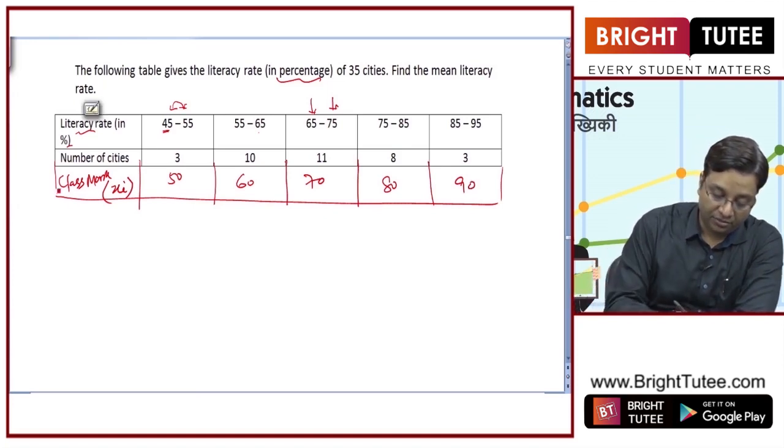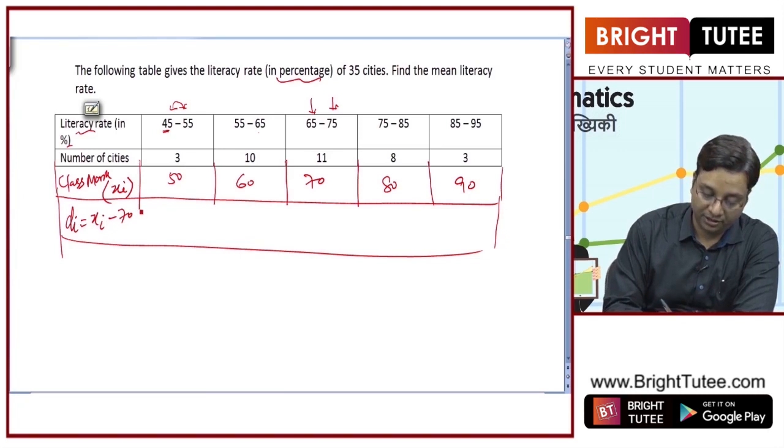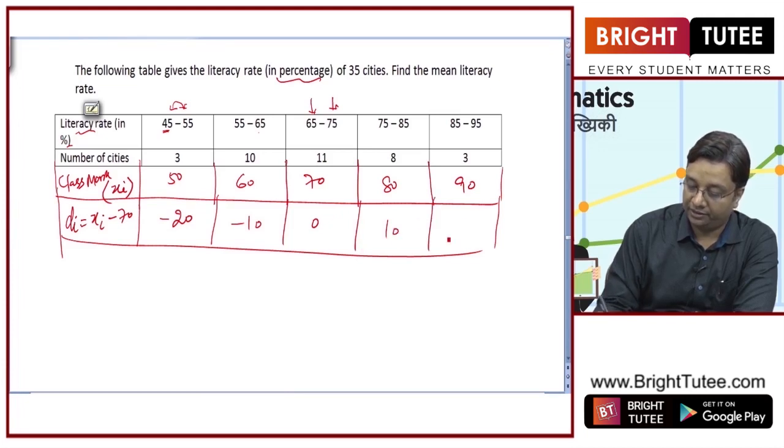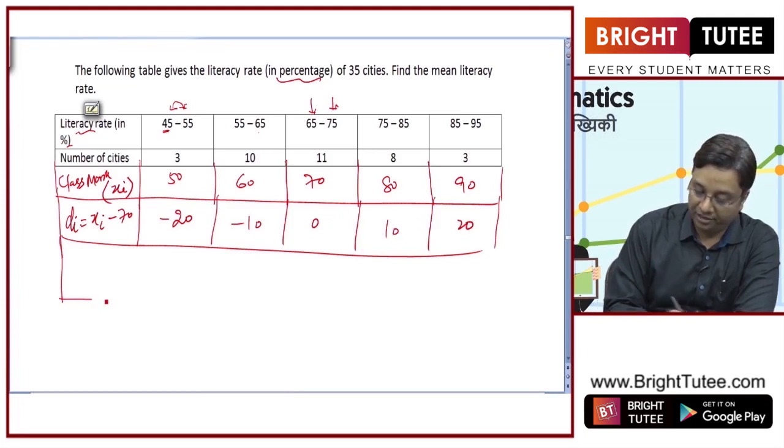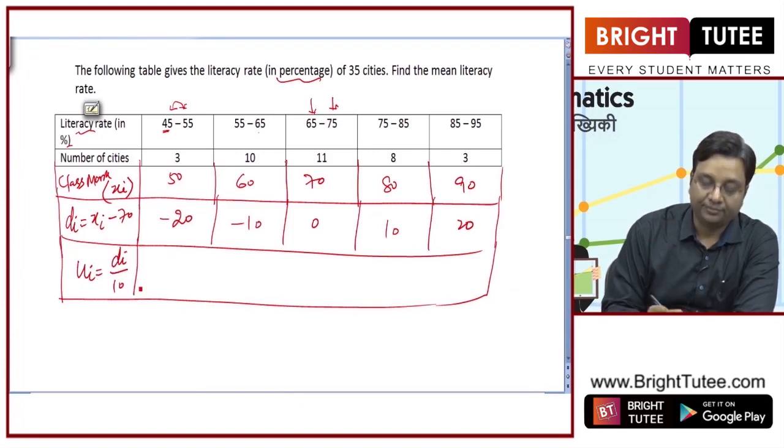Right? Now let me calculate di by subtracting 70 from each of these numbers. So it will give me minus 20 here, minus 10, 0, 10, 20, and I'll further calculate the ui by dividing di by 10. Right?